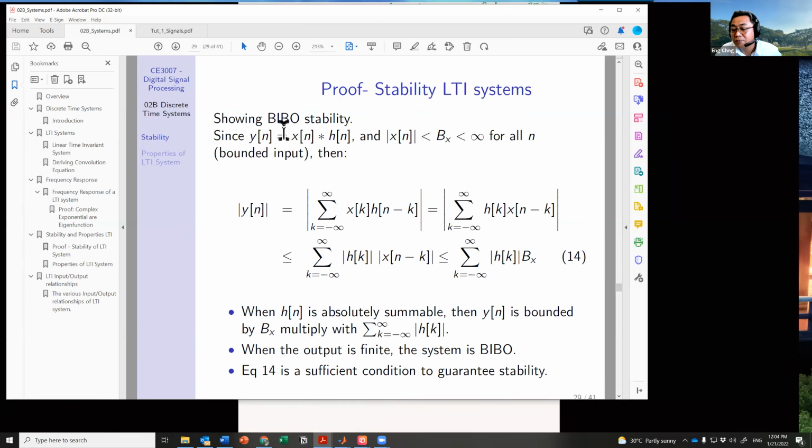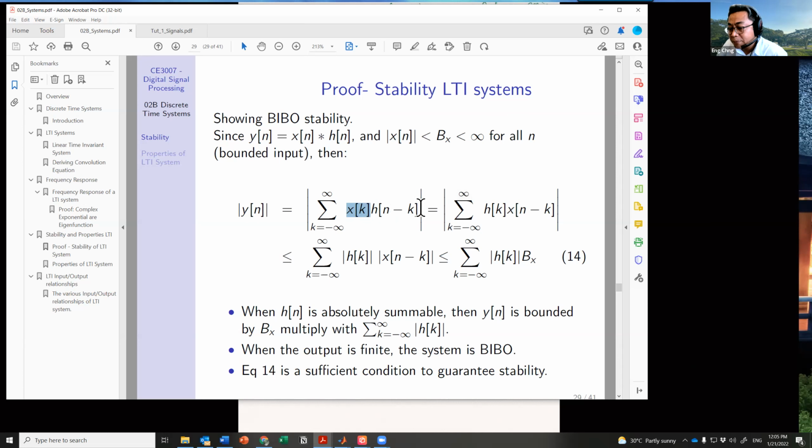The derivation comes from the convolution equation. The output is the input convolved with h of n. This is the convolution operation, that little star sign. It is nothing but the same equation that I wrote, this one. Now, when x is bounded, meaning that the absolute value of x is less than some b, some very big b, but it's not infinity, the trick is we assume all x is this very, very large value.